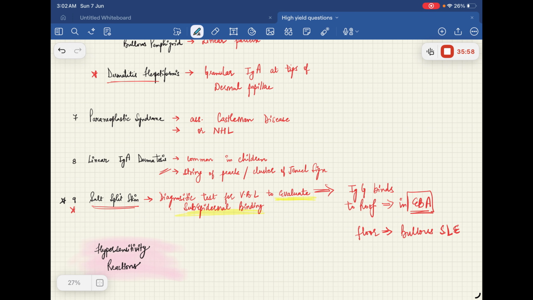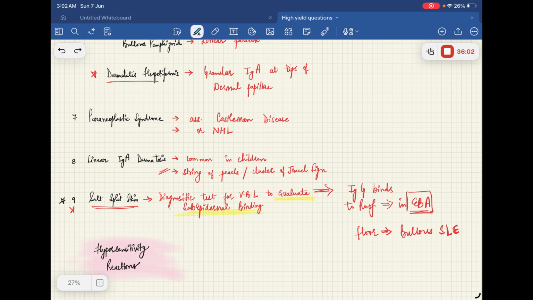It's a type of bullous vesicle formation. So remember that IgG binds to roof in EBA and to floor in bullous SLE.